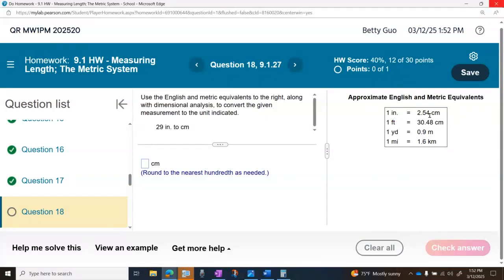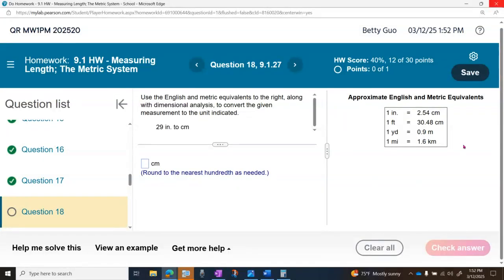Look at the first formula. 1 inch is 2.54 centimeters, based on the formula here. Also, earlier I drew the picture.